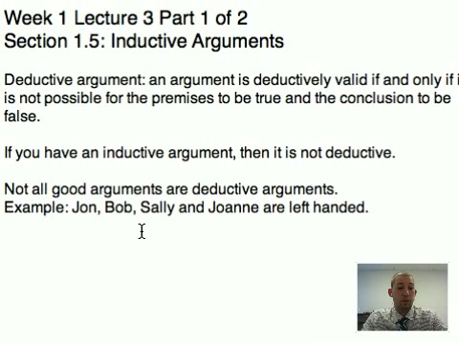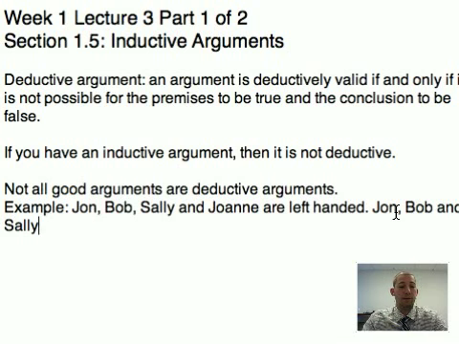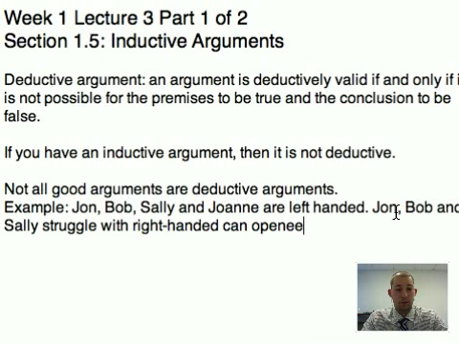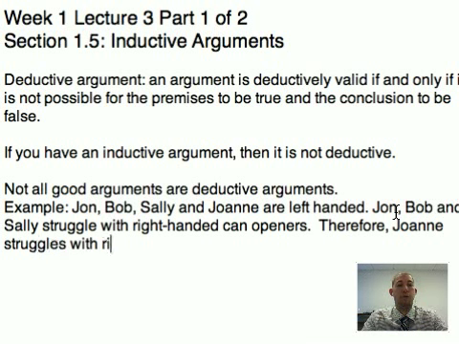John, Bob, and Sally are left-handed. John, Bob, and Sally struggle with right-handed can openers. Therefore, Joanne struggles with right-handed can openers.